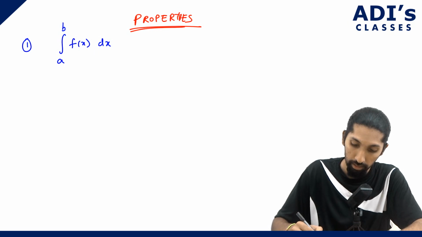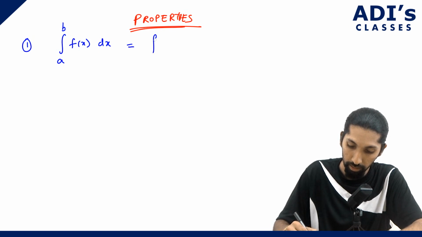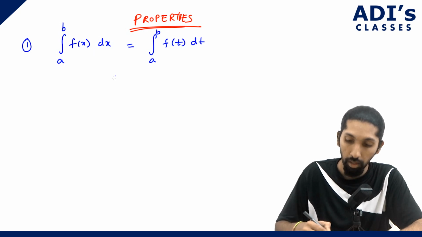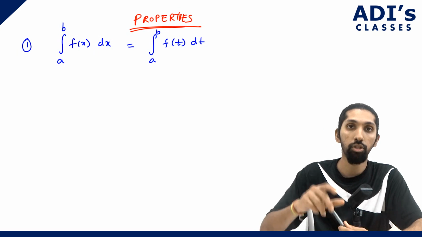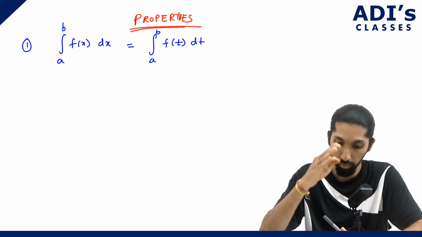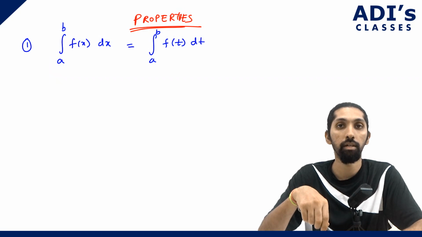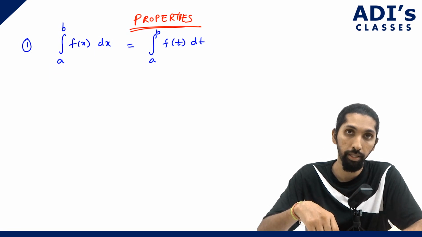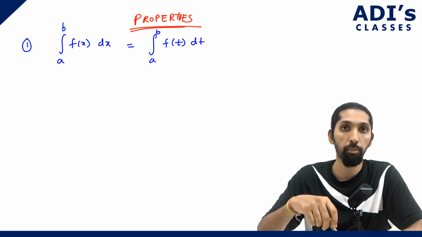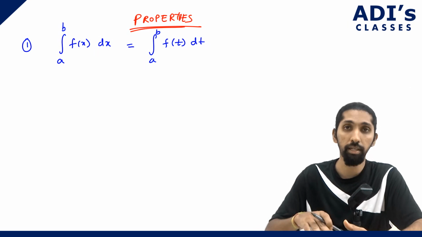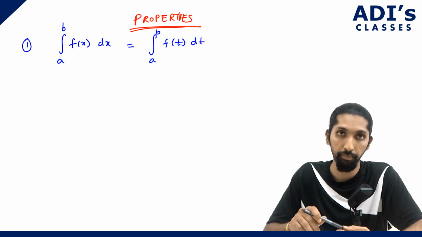This is equal to integral f of t dt from a to b, both are one and the same. If you change the integral from x to t, the integral value is not going to change. This is the first property, the change in the variable property.